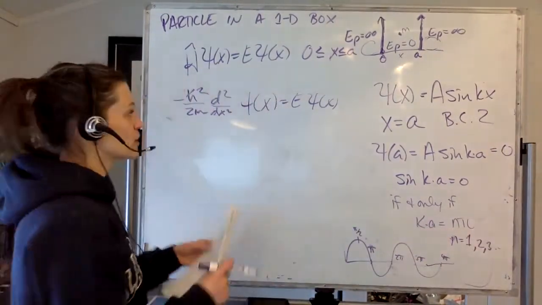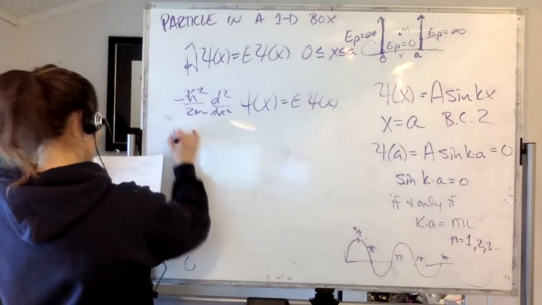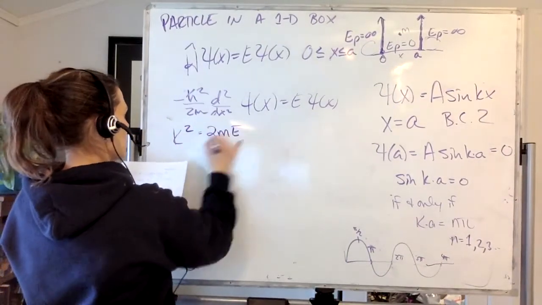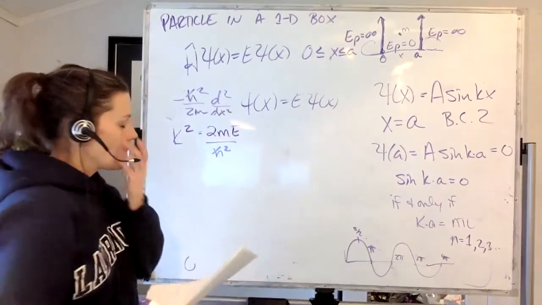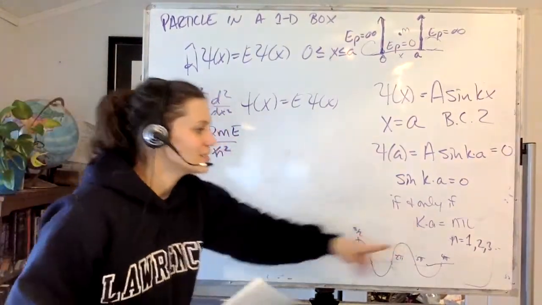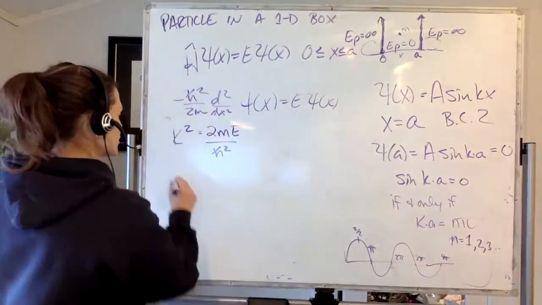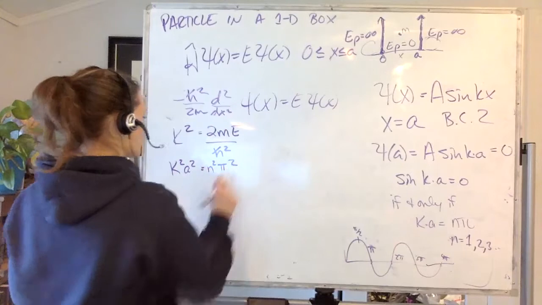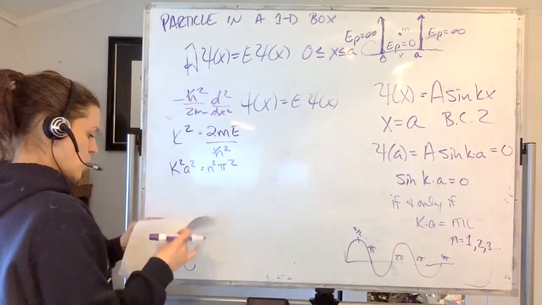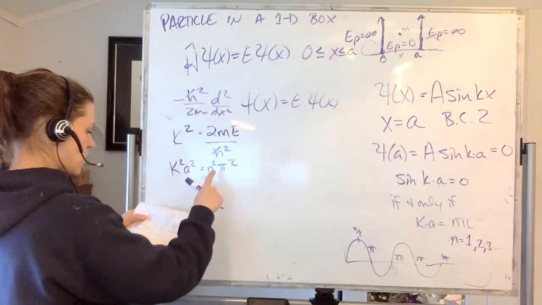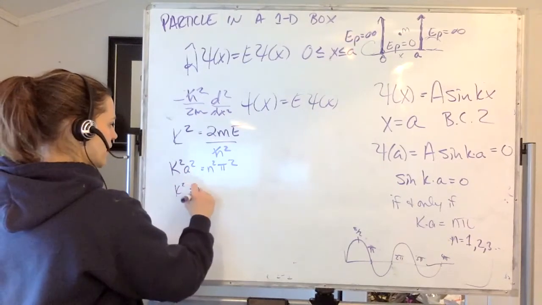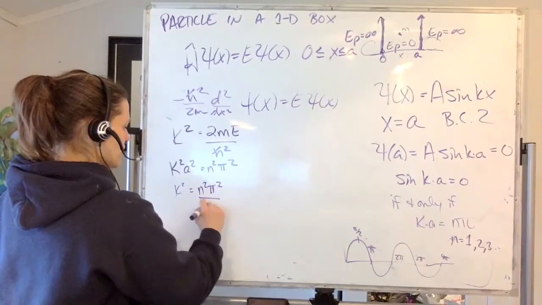But recall earlier that I said that k squared was going to be equal to 2mE over h bar squared. Well, I'm just going to take this condition based on my boundary condition, and I'm going to say k squared a squared is equal to n squared pi squared. What this means is now I can solve for k squared, and it's n squared pi squared over a squared.